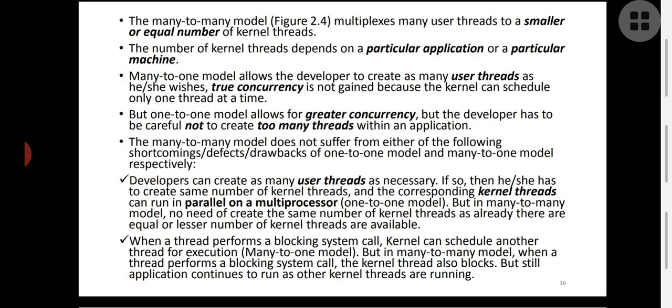But in a many-to-many model, when a thread performs a blocking system call, the kernel thread also blocks, but the application continues to run, because many other kernel threads are still running.